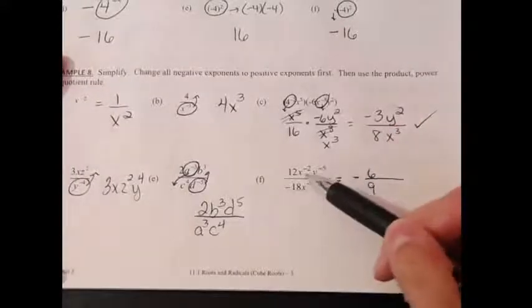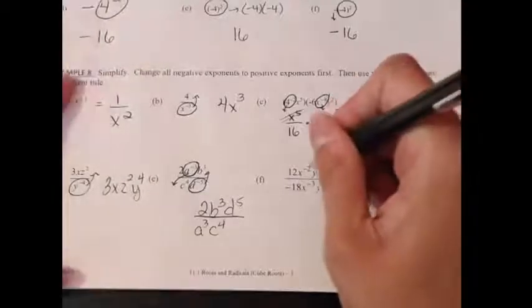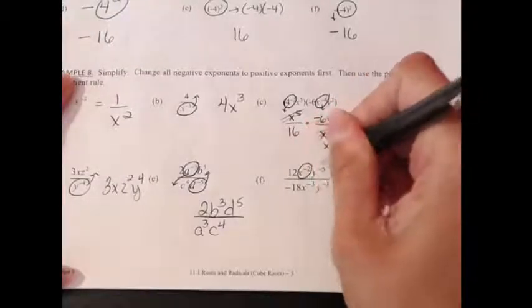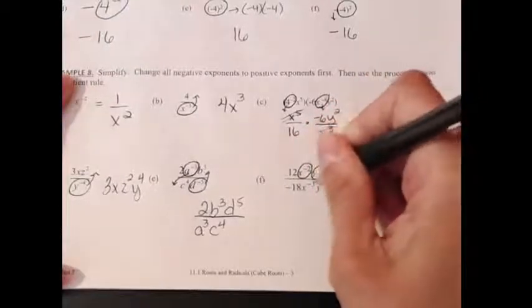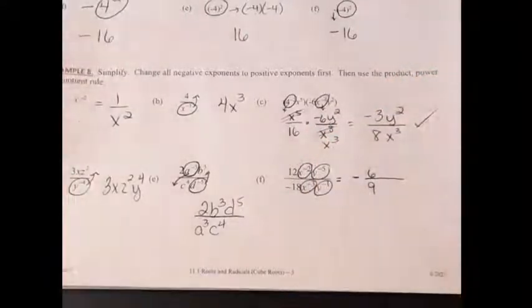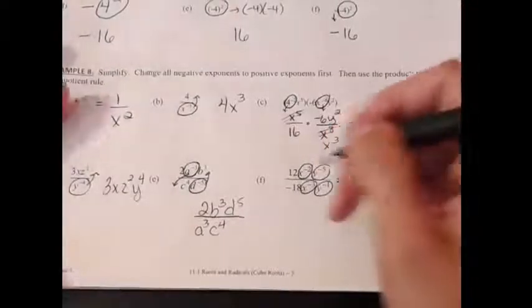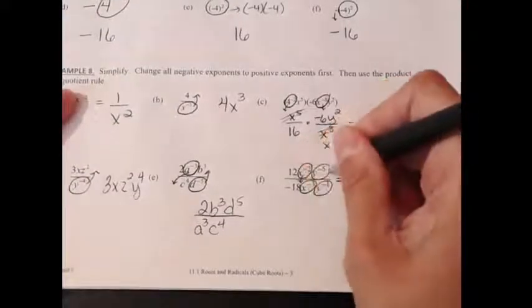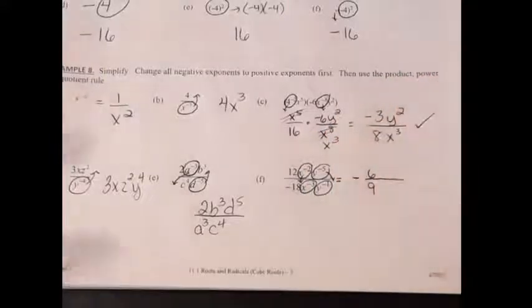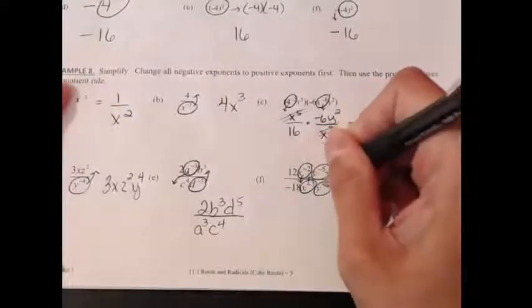Next, I'm going to focus on my bases that have negative powers, and it just so happens that each of my bases, x and y, in the numerator and in the denominator, all have negative exponents. What we learned is that if you have a base with a negative power in the numerator, it's going to move to the denominator. And if you have a base with a negative power in the denominator, it's going to shift to the numerator.